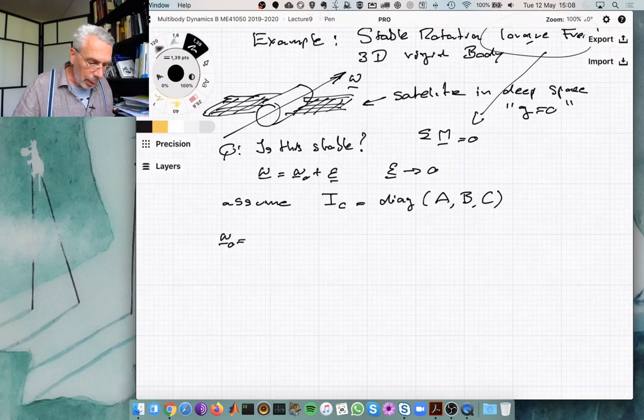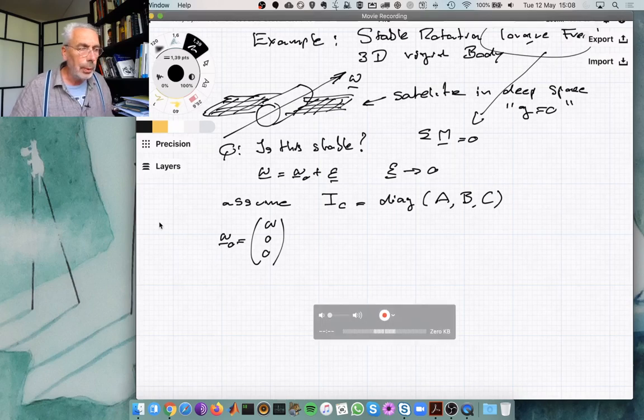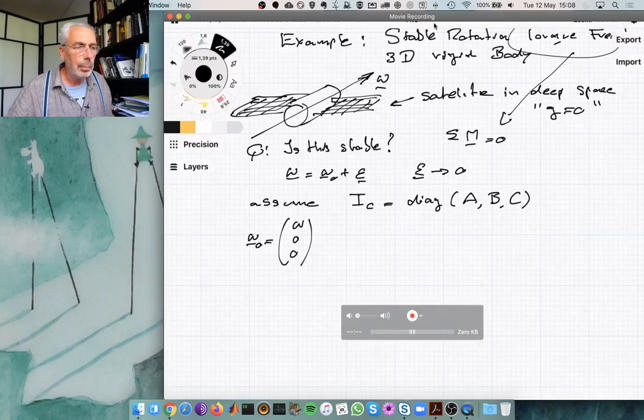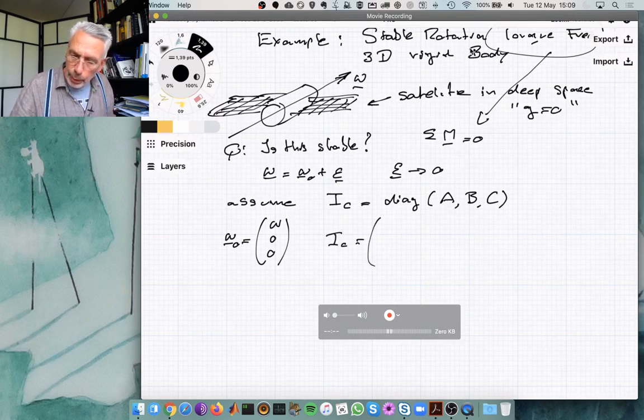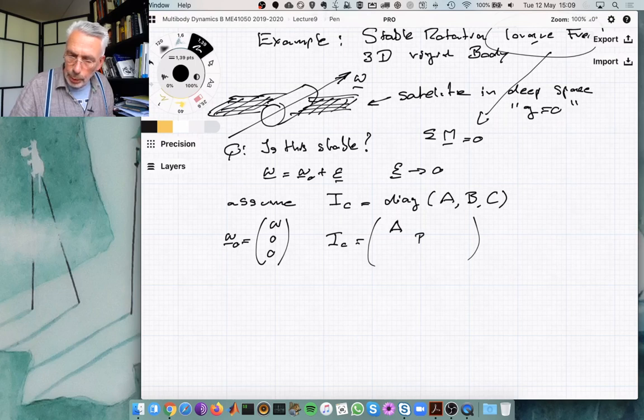Then I start with an initial angular velocity of omega 0, 0, 0. So we rotate about this axis, and then the question is, does it stay in rotation about this axis or does it wobble or flop around? So this is the initial speed about this axis. So that's this mass moment of inertia, right? So the I at C, if you write it out, is this nice A, B, C, and the rest is all zeros.